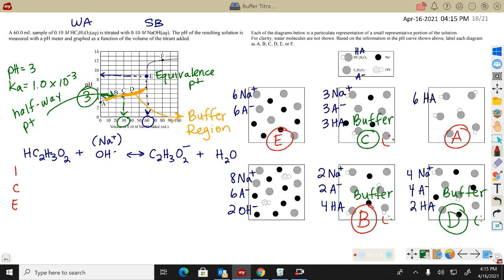If I had 6 sodium, there would have been 6 hydroxide, and there was always initially 6 of the original weak acid. Yep, here it is. Products are 0. This is my equivalence point, where I have equal moles of acid and base. But watch what happens. So these guys are going to react down to 0, and these guys are going to go up.